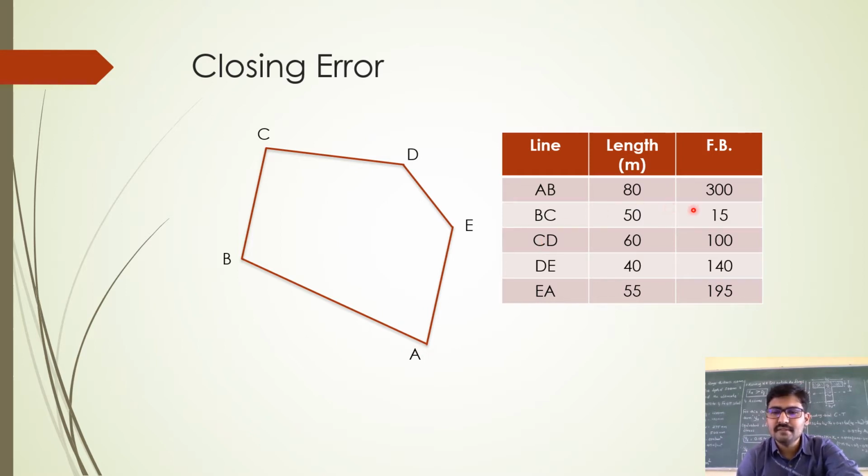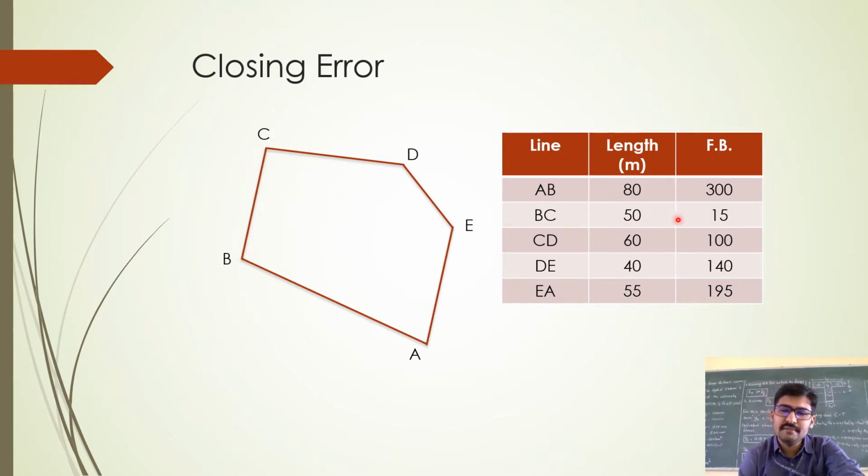Now the bearing. Imagine that you have kept the compass on A and you have sighted point B, and in the compass it shows 300 degrees, that you have written here, right? Now when you have observed the bearing of line AB, you will go further and keep the compass on point B and observe the bearing of the next line, that is BC.